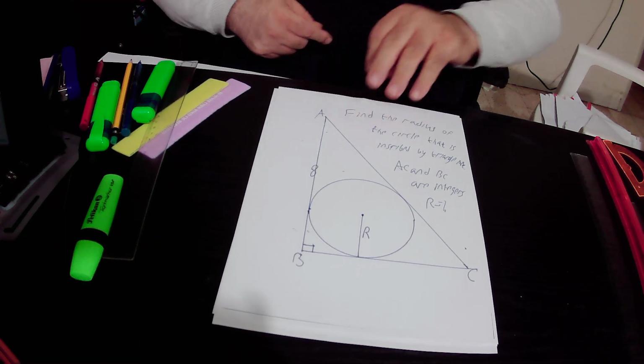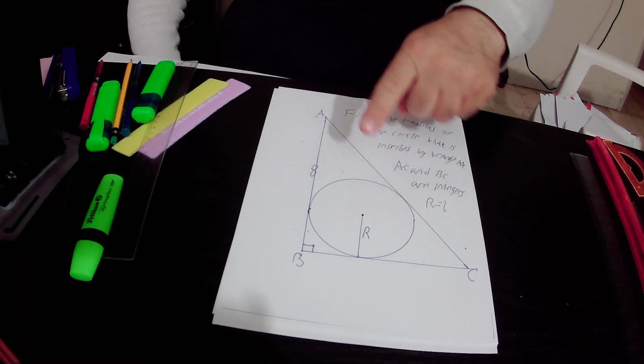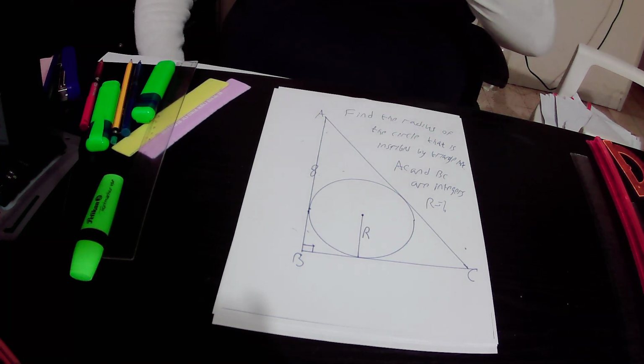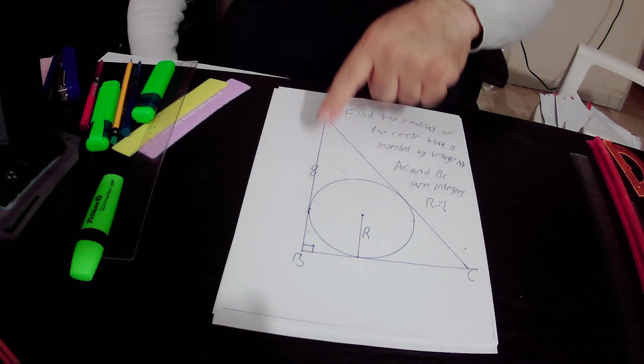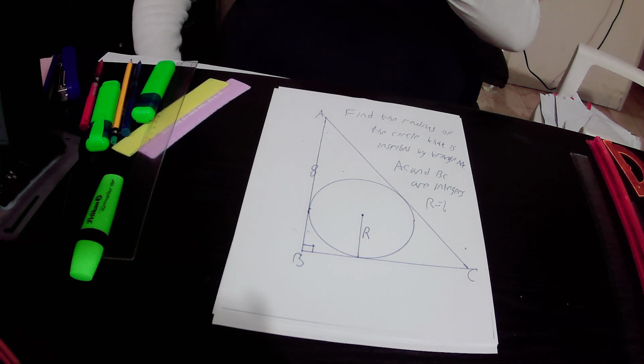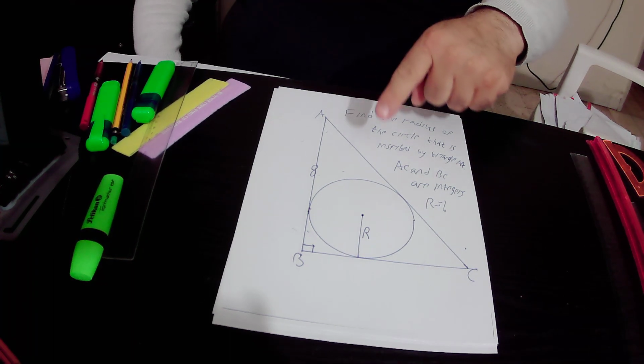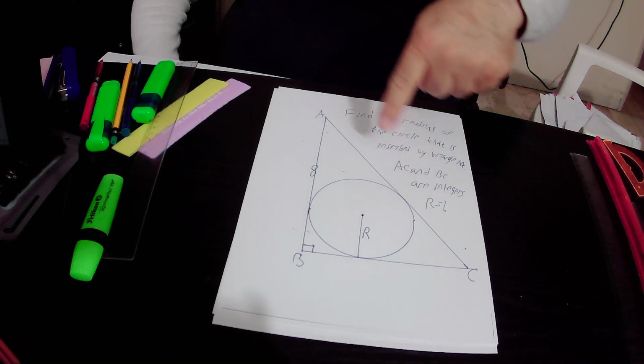In the drawing, we have triangle ABC. Angle ABC equals 90 degrees. Side AB equals 8 units. And we want to find the radius of this circle that is inscribed in triangle ABC.